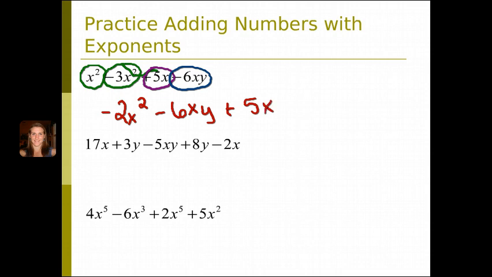Our next example, we're combining like terms again, so I have 17x, and the only other x in here that's alone is the negative 2x, so they'll combine together. My 3y combines with 8y, and then I also have my negative 5xy.